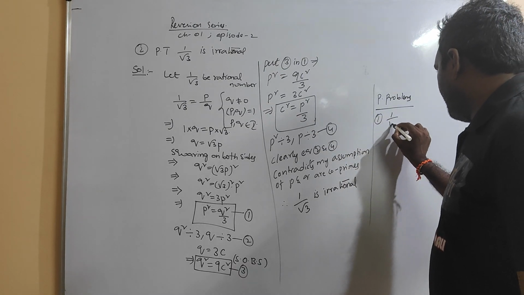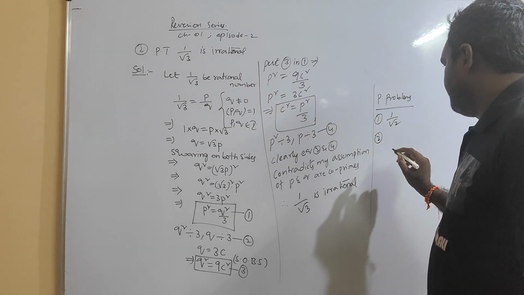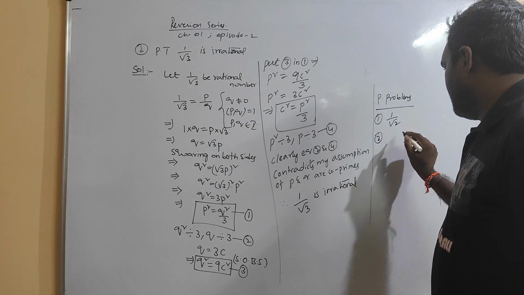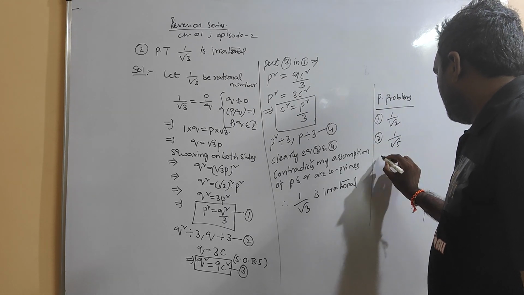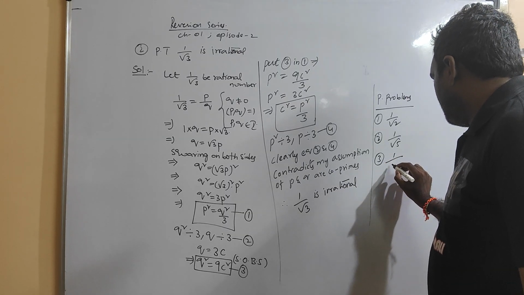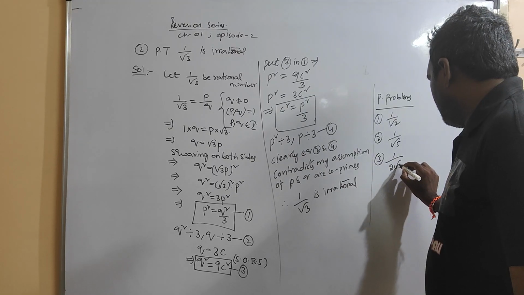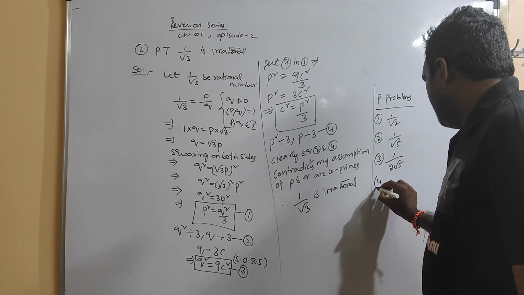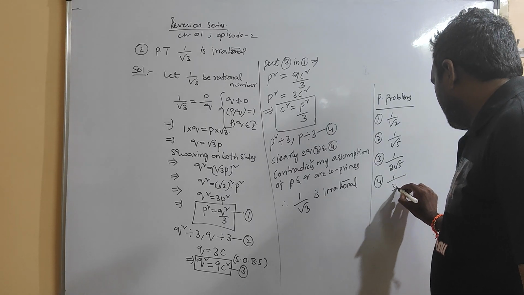You try 1 by root 2. Second one, 1 by root 5. Third one, 1 by 2 root 5. Fourth one, 1 by 3 root 2.